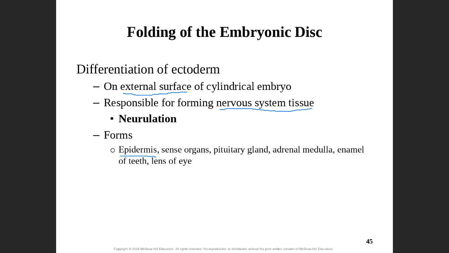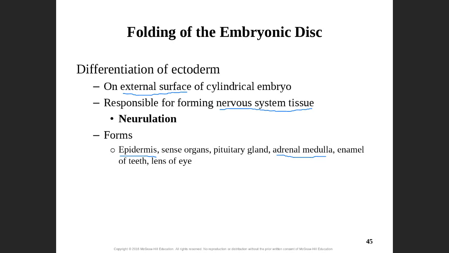Some of our sense organs, the pituitary gland, another structure of the endocrine system, the adrenal medulla, the enamel covering our teeth, and the lens of the eye all come from the ectoderm.